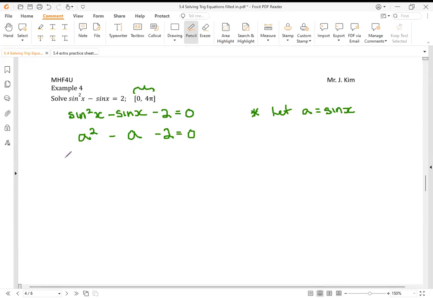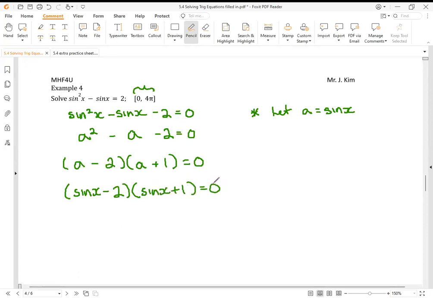Factoring. I want to believe that this is not beyond your scope, that given a quadratic, you can instantly factor, and bringing the substitution back, you can argue that sine x minus 2 multiplied by sine x plus 1 equals 0.